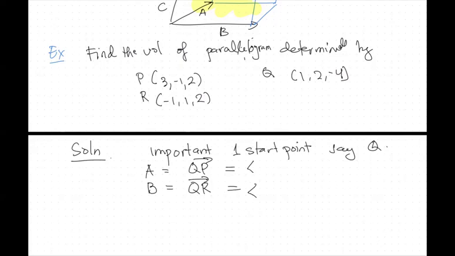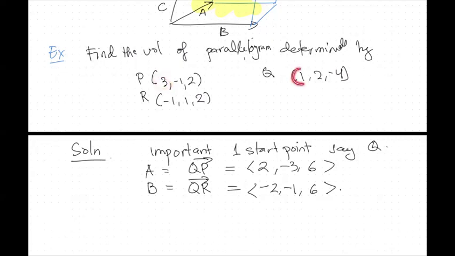So if you do that, 3 minus 1, you get 2, and then -1 minus 2, you get -3, and 2 minus -4 gives 6. And then for the other, -1 minus 1, we get -2, and following the same argument, you get 6.